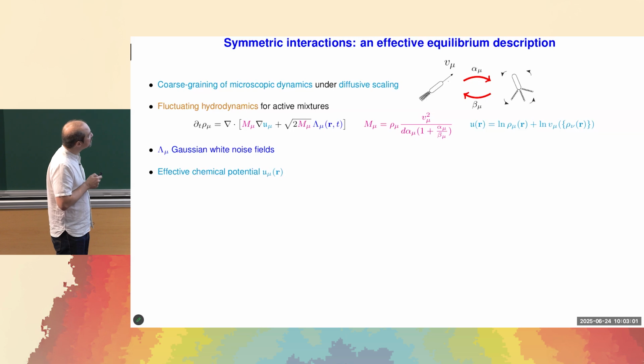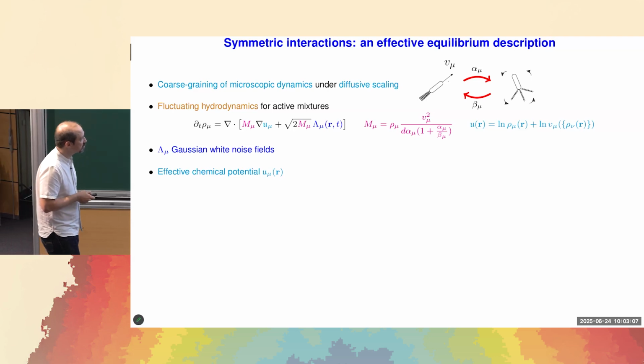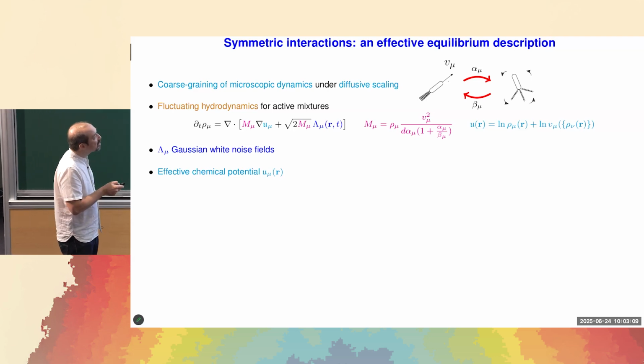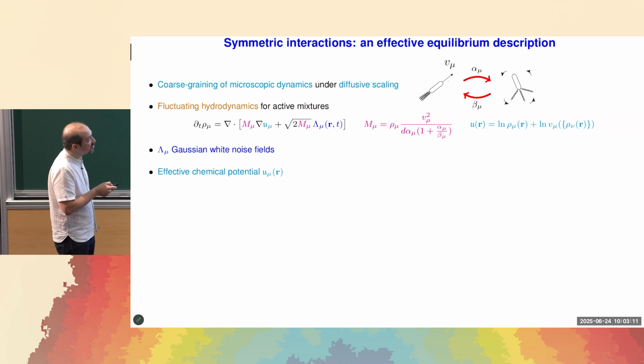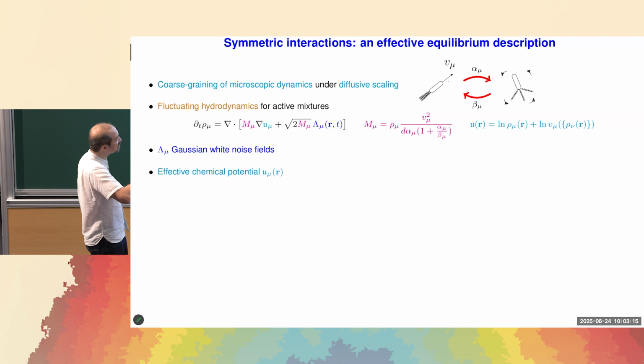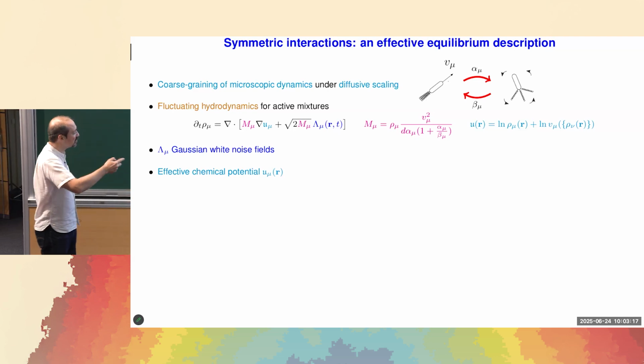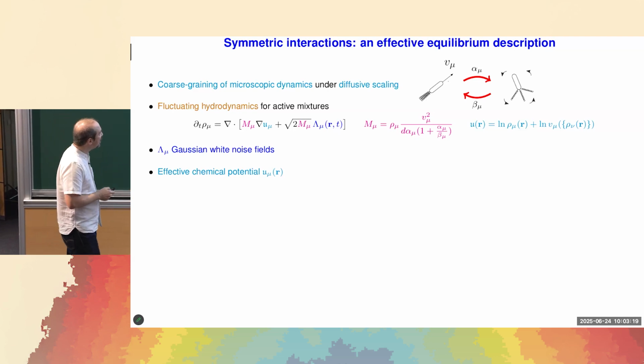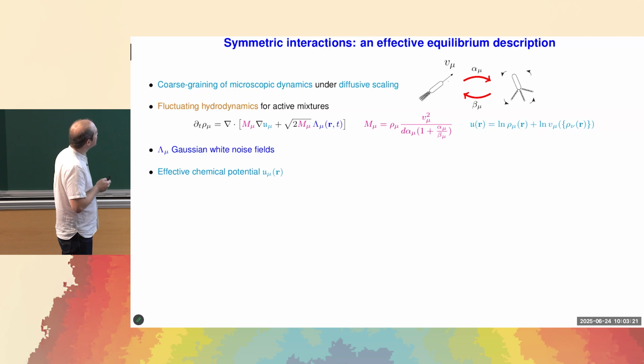And if you look at this chemical potential, you get again log rho plus log v, which is log rho v, the same thing as in the one species case. Now, because you have cross-regulation of motility, this encodes interaction both within the species and between the species. Okay, so let's try to understand this equation a little bit.